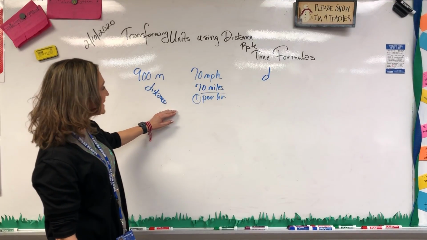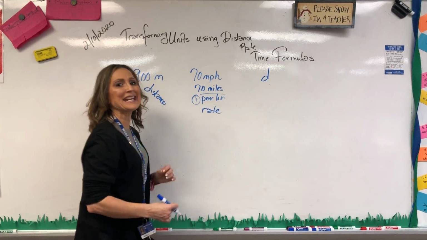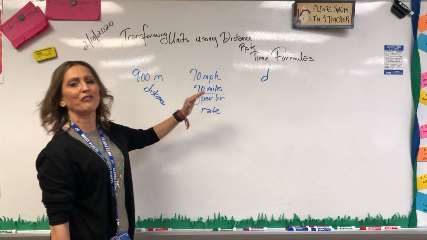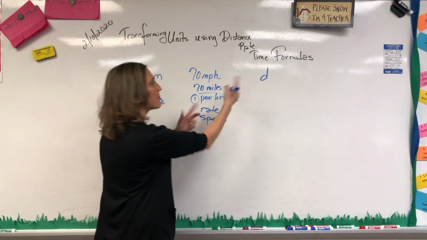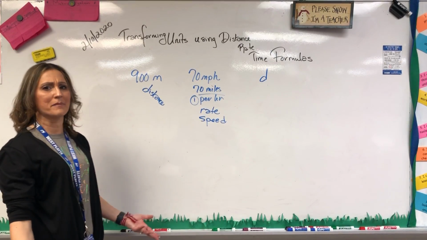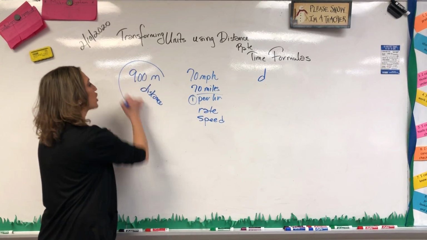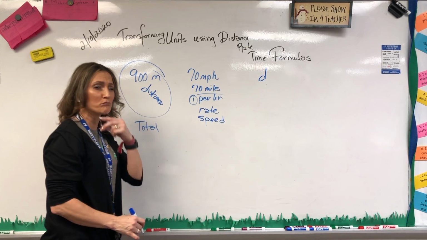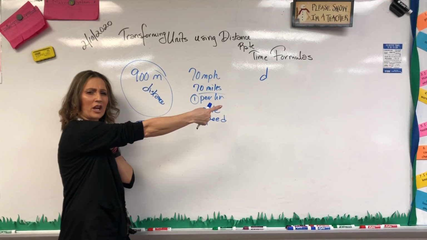So I've got my distance and I've got my rate. The one thing I am missing is my time. Well, if I have the distance and I know the speed I am driving, how would I be able to tell you what time it took me? Well, the kids know this is my total. And anytime you have a total, would it make sense to multiply that by 70, and that's going to tell me how long it took?